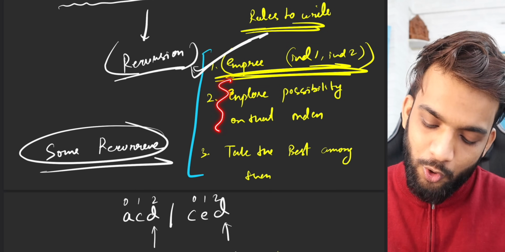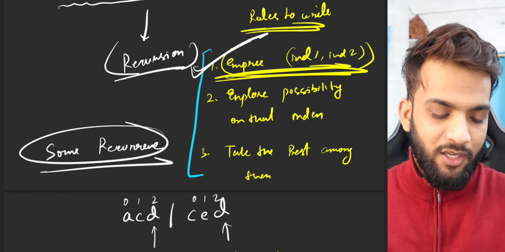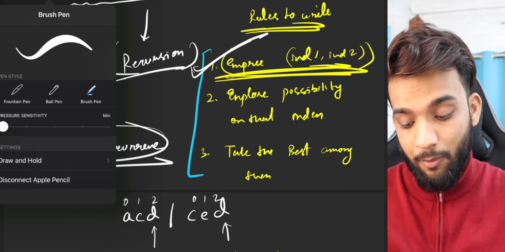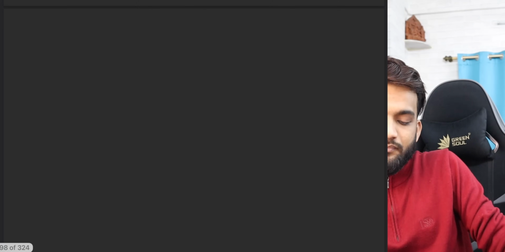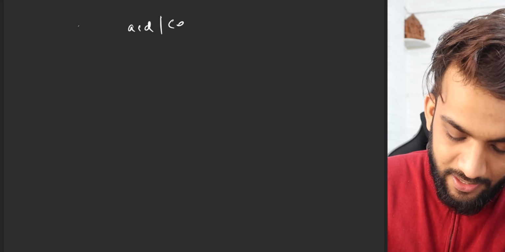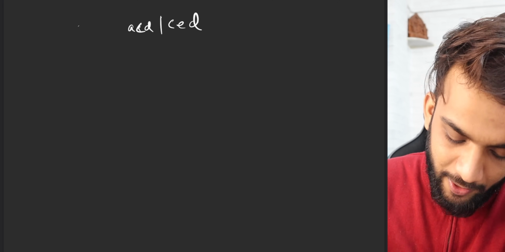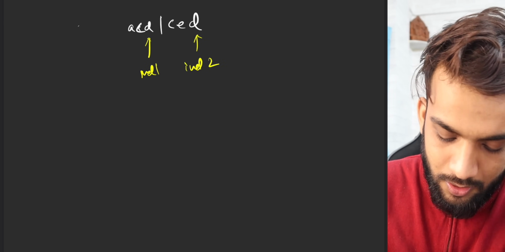Now it's time to explore all possibilities, because if you do not explore all possibilities, we will have an issue. So let's try to write them. Striver, I'm having the strings ACD and CED, and I'm having a couple of pointers, index 1 and index 2.